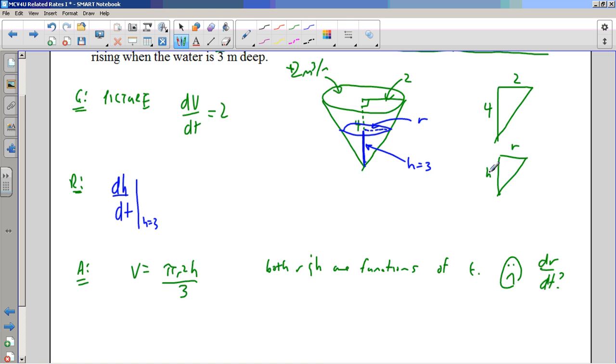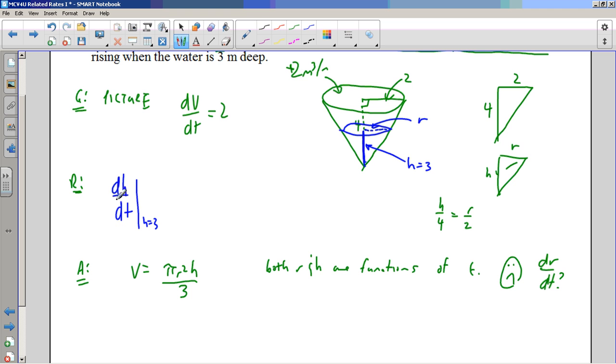Because they're always going to be in this relationship, if I took a cross section of the cone, h to 4 is r to 2, similar triangles, and I can get a relationship between h and r.